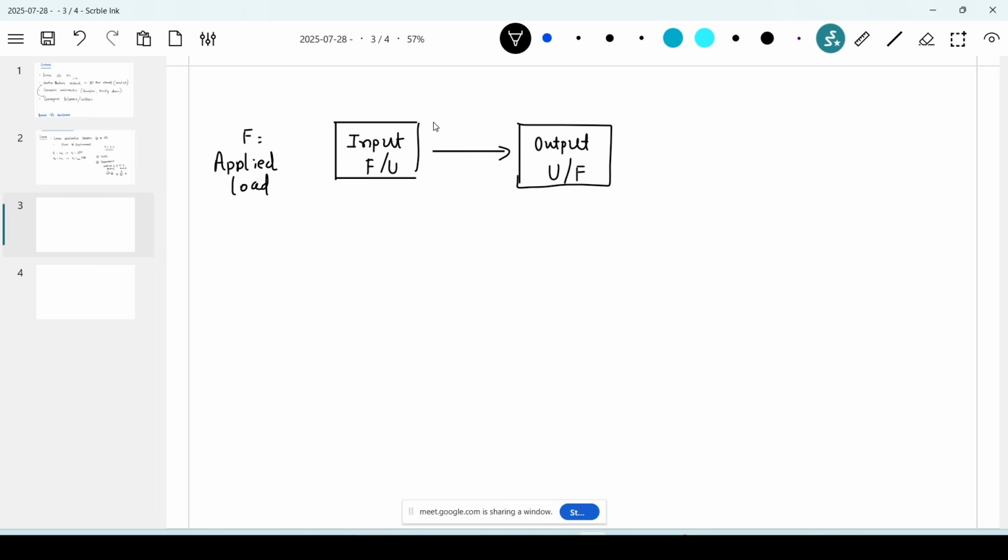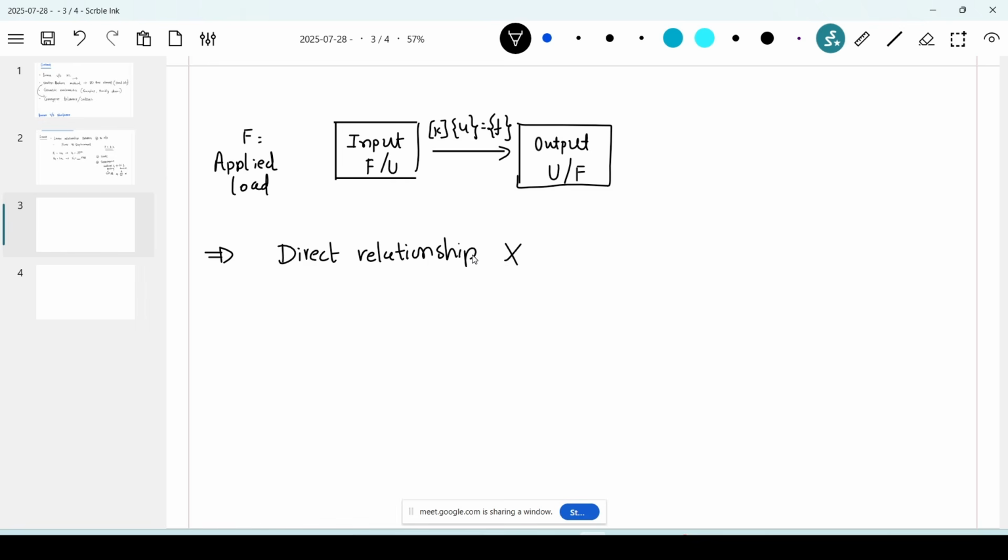And the relationship we know is K U is equal to F, right? So now in linear analysis, though this relationship looks direct, it is not a direct relationship. Okay, it is not direct.